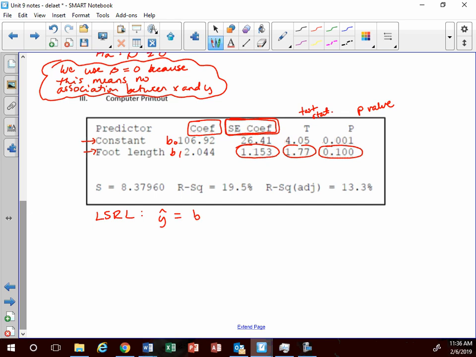Yeah, so remember, from last unit, this whole b sub 0 plus b sub 1 x, right? So for us, we're going to do 106.92 plus 2.044, and we know we're talking about foot length, so I'll put that in there. Okay, just basic plugging in your y-intercept and your slope. It's like y equals mx plus b.